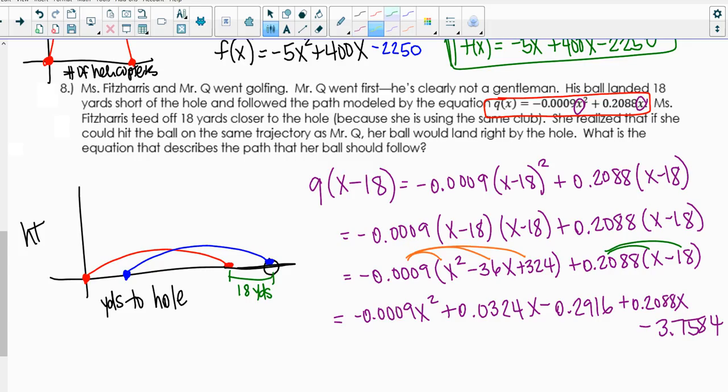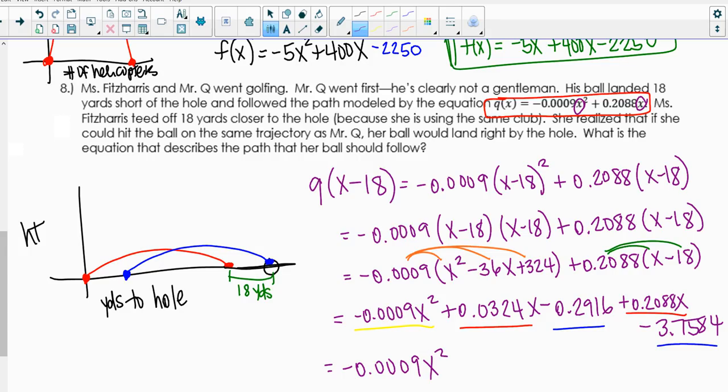Awesome. All right, let's quickly combine like terms. This guy is on his own. This x and this x go together, and then these two go together. So I end up with negative 0.0009 x squared.